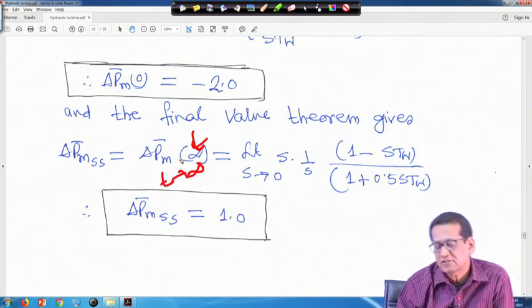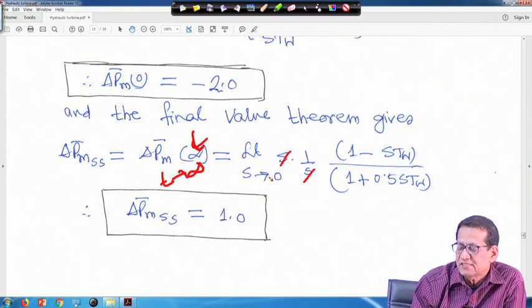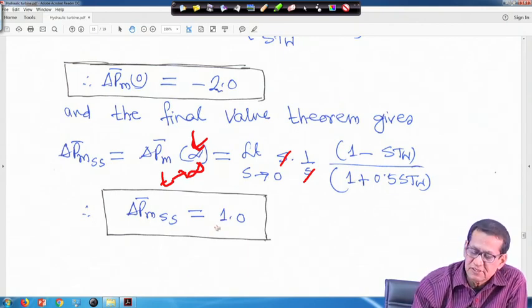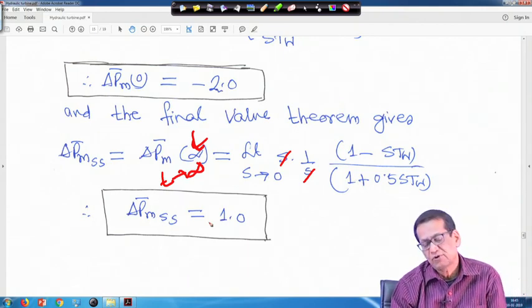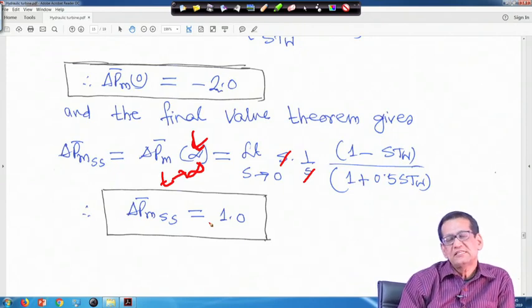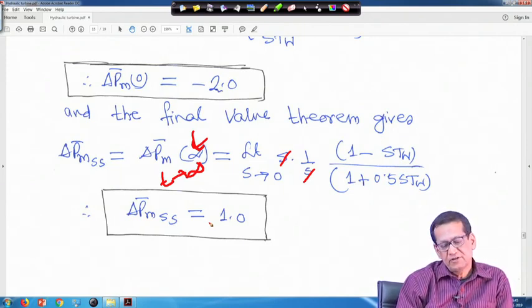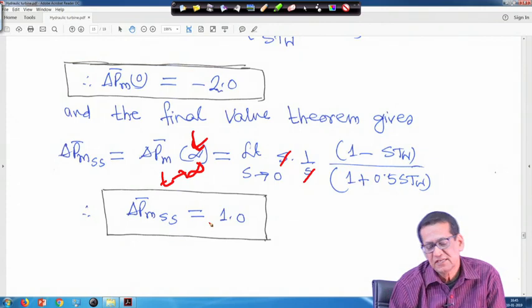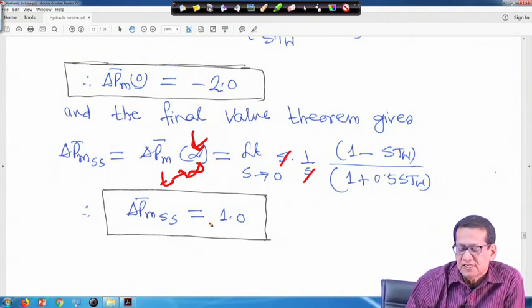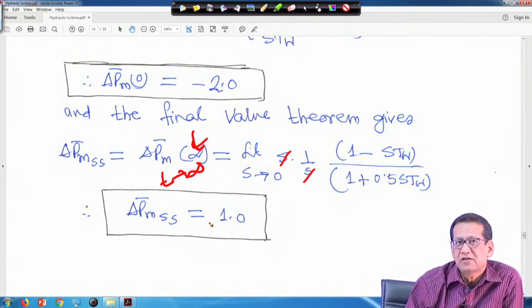So, for S tends to 0, S will be cancelled for a step input, it is (1 minus S T W) upon (1 plus 0.5 S T W). So, if we put S equal to 0, it is basically the steady state value, it is 1, right. So, what we see is that the initial value is negative, delta P m 0 is equal to minus 2 here, and the final value is 1.0, that is the steady state value, right.